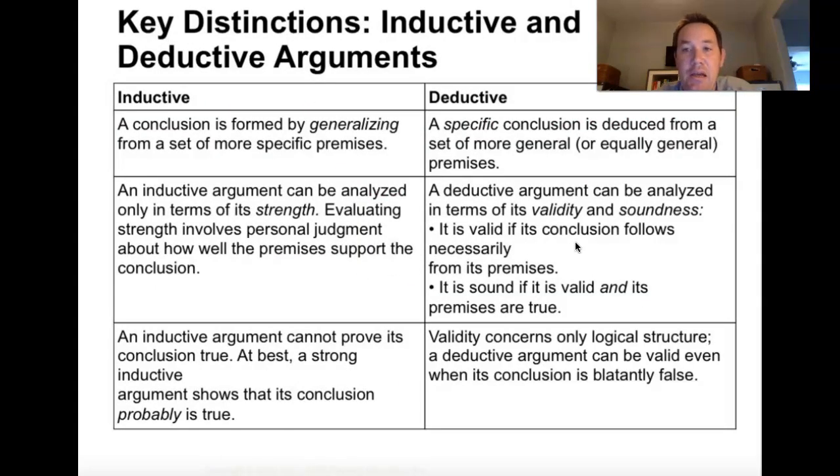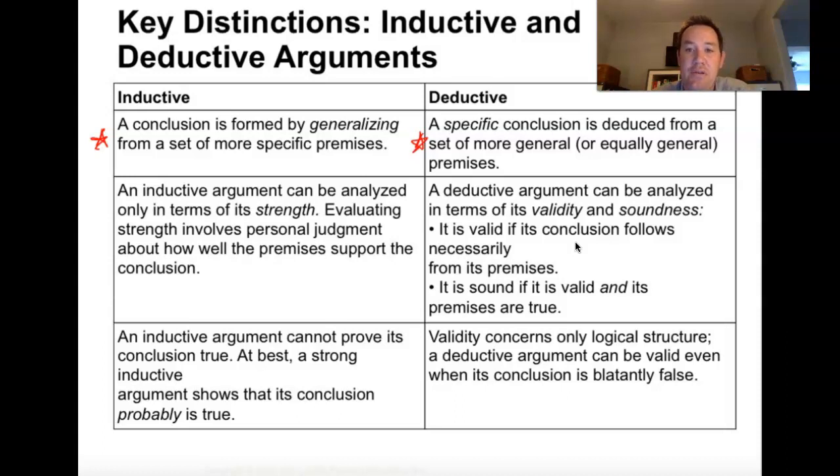So here's a table that gives you some important points and key distinctions about inductive versus deductive arguments. It gives us what is inductive versus deductive as an argument. Inductive, you form a conclusion by generalizing from a set of specific premises. So you're given specific anecdotes, specific examples, and you're trying to use that as a domino effect to support a general conclusion.